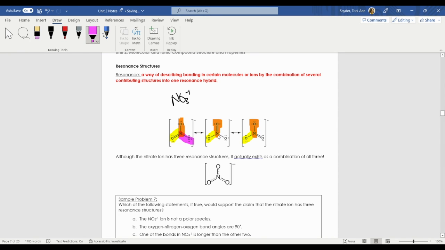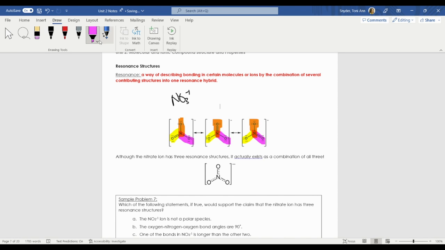Here I have a single bond, here it's a single, and there it's a double, I'm sorry. Each of these structures is showing a different arrangement of the bonds between each oxygen and the nitrogen. Although on paper they look the same, they're actually very different because you have to consider each individual atom. Now, these are the different resonance structures of the nitrate molecule.